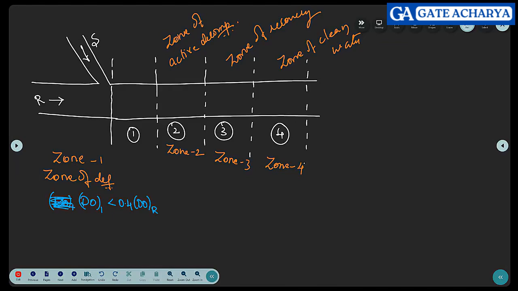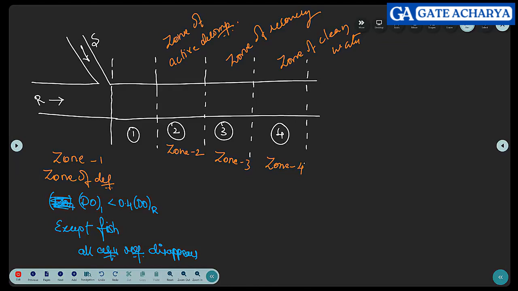There is a sudden dissolved oxygen reduction, almost less than 40% of its initial value. Except fish, all aquatic organisms disappear in zone 1.